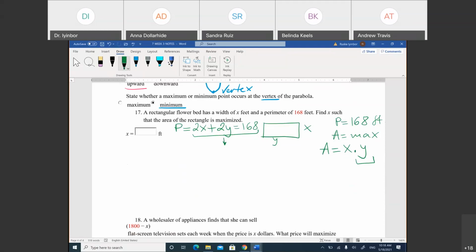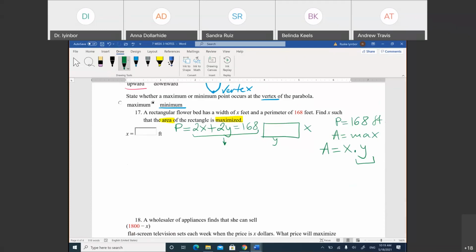So that's how you get the function for the area. And then for that function, you're going to find the maximum, because the area has to be maximized. So we're going to start with solving the perimeter equation, getting y by itself.